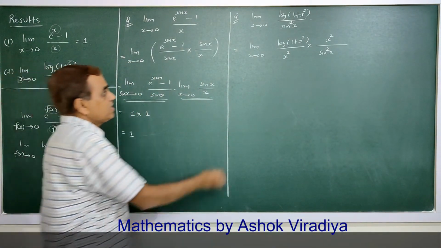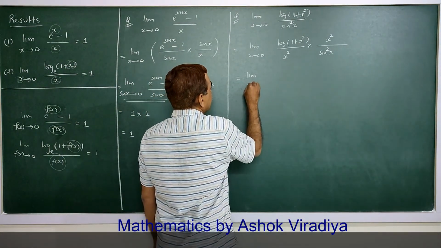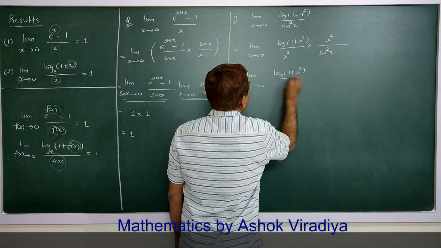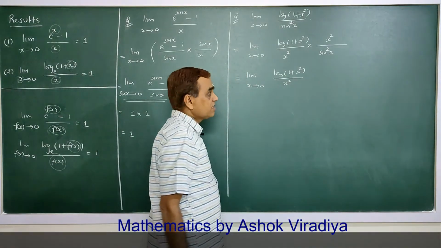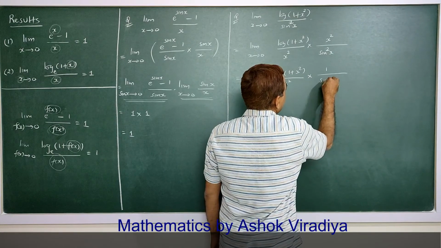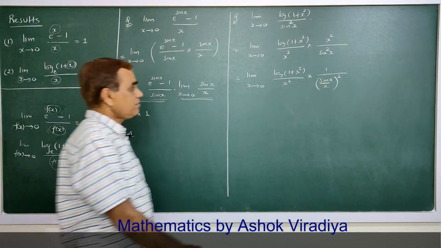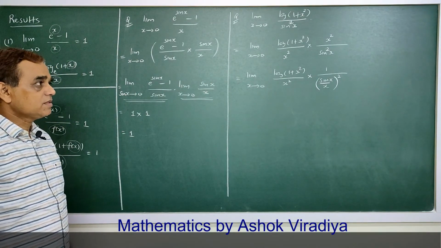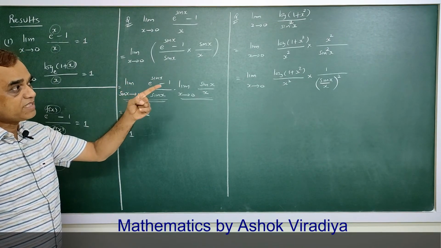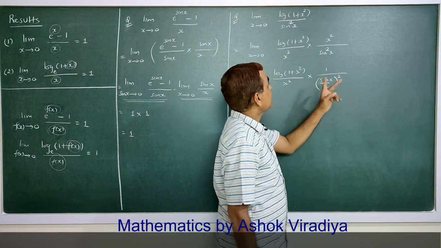Now this is equal to limit x tends to 0 of log of 1 plus x square upon x square, into 1 upon sin x upon x whole square. That number can be expressed by shifting it into the denominator: sin x upon x whole square.